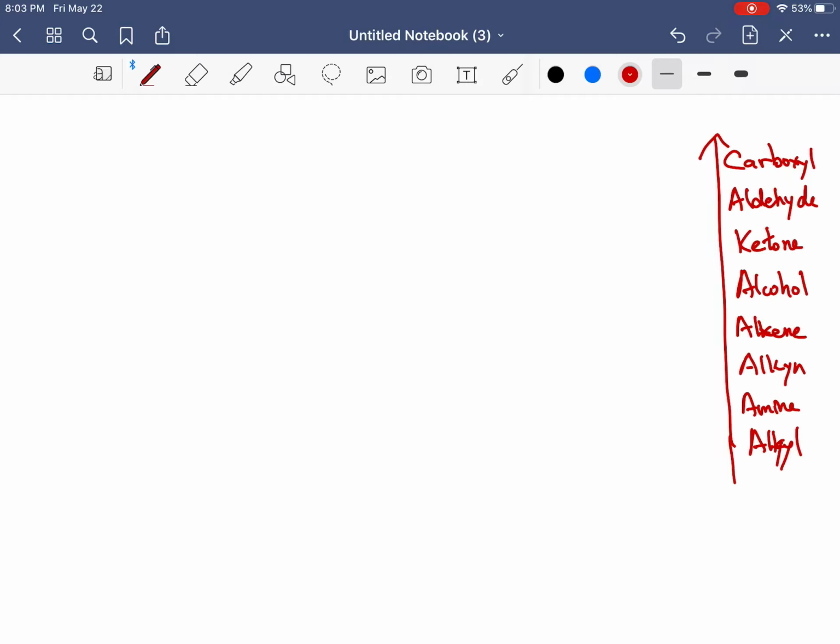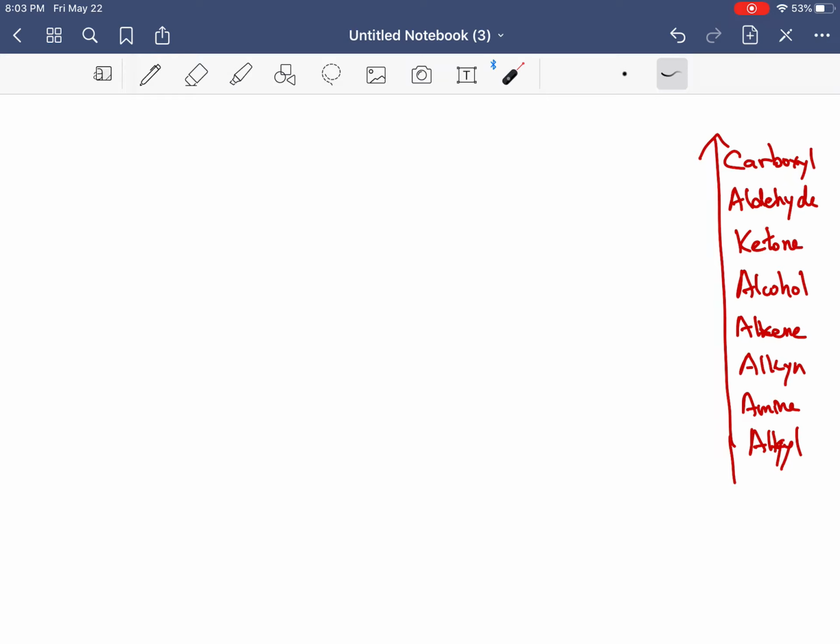Then we have alkyl. Okay? Where's benzene? Well, benzene, it all depends on what's connected to the benzene. It could be here. And it could be here. It's hard to say. We're going to look at examples today and see where benzene is being placed.